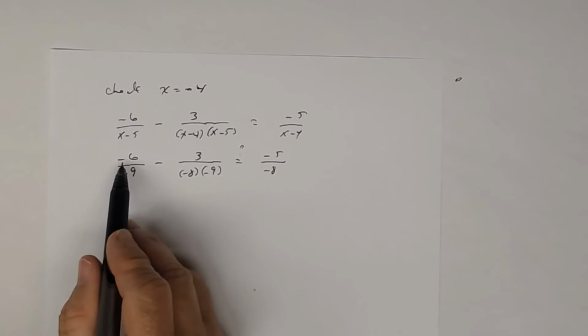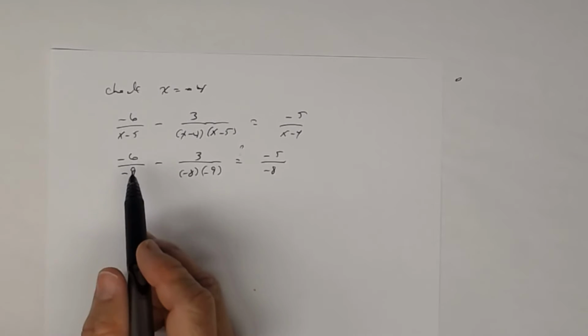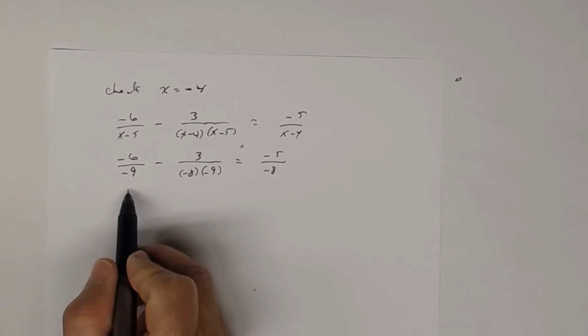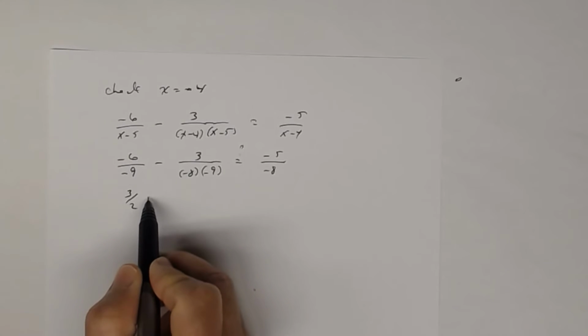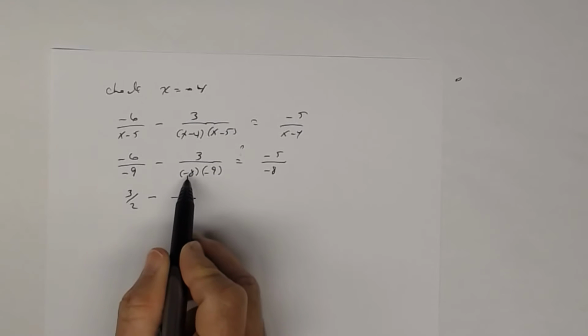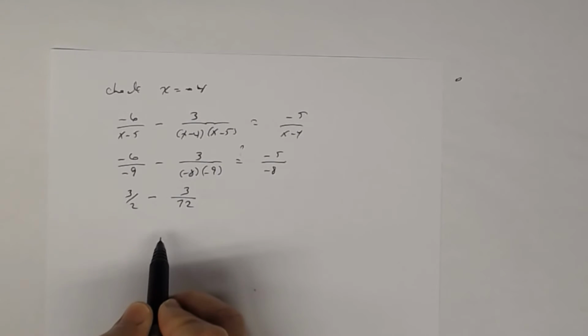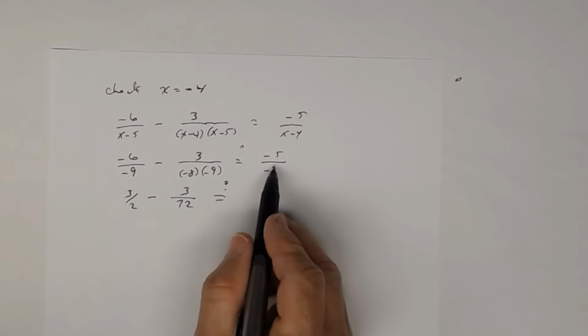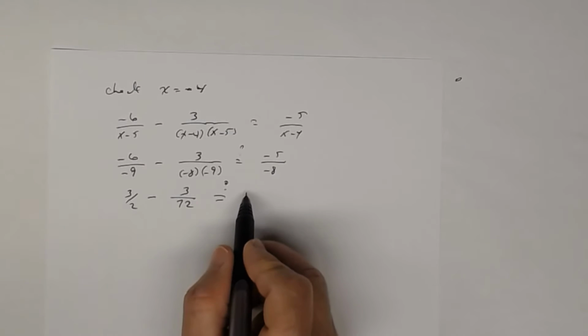Well, this right here becomes positive 6/9, or if you want to, you can reduce this. So that's what, 3 halves? Minus 3 divided by, and then 8 times 9, 72. And I could reduce this further, but I'm going to leave it like this for right now. And I want to see if that's going to equal a positive 5/8.